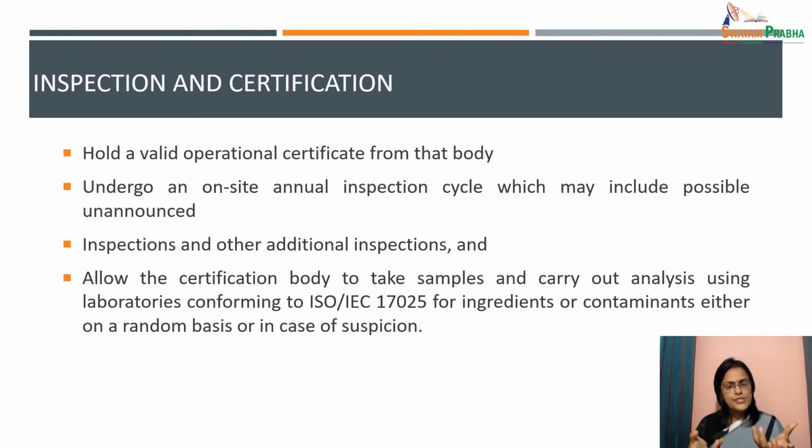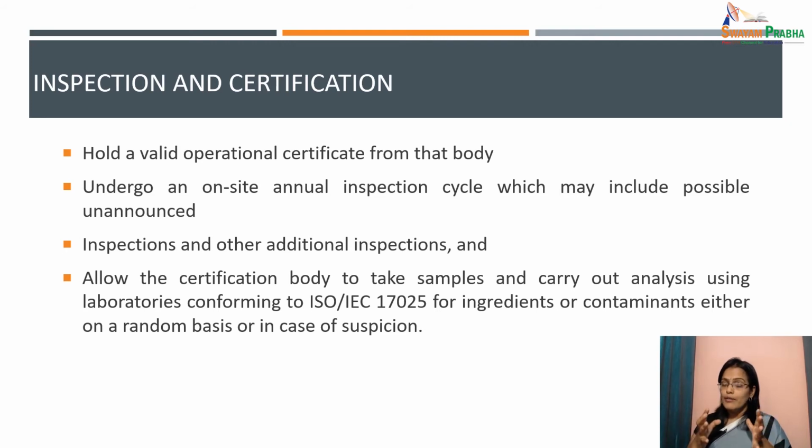Hold a valid operational certificate from that body and undergo an on-site annual inspection cycle, which may include possible unannounced inspections and other additional inspections, and allow the certification body to take samples and carry out analysis at any point. Carry out analysis using a laboratory conforming to ISO IEC 17025 for ingredients or contaminants, either on a random basis or in case of suspicion.